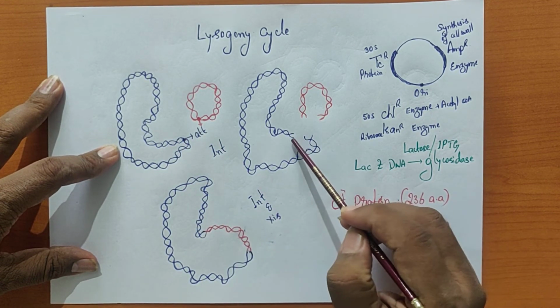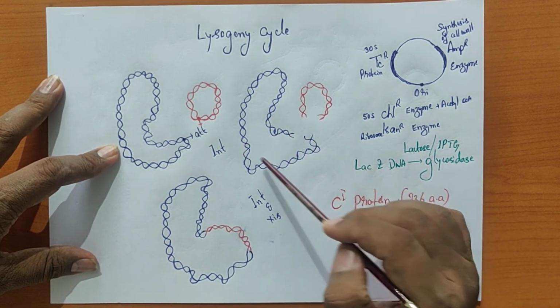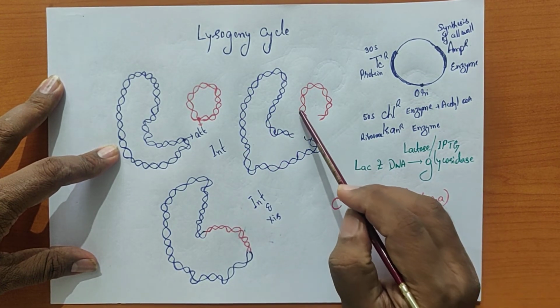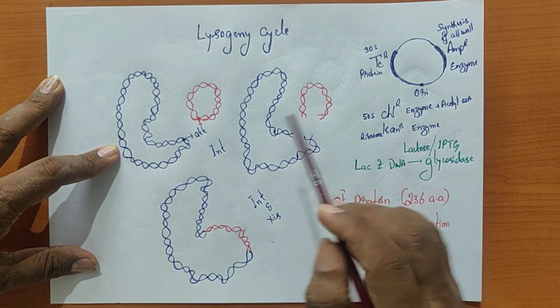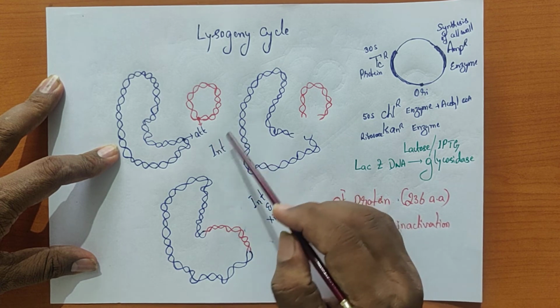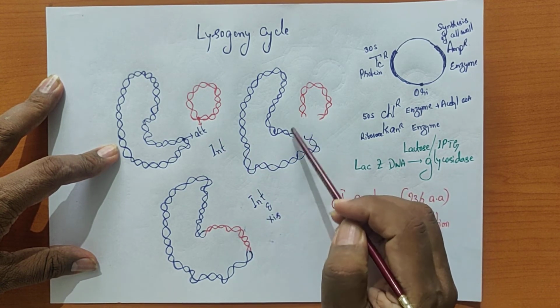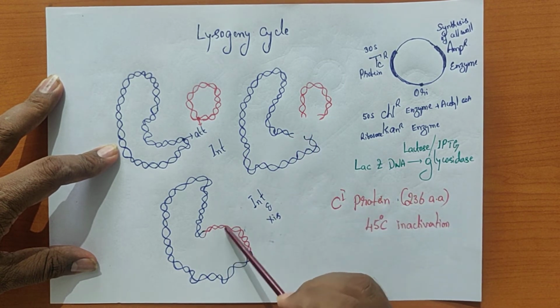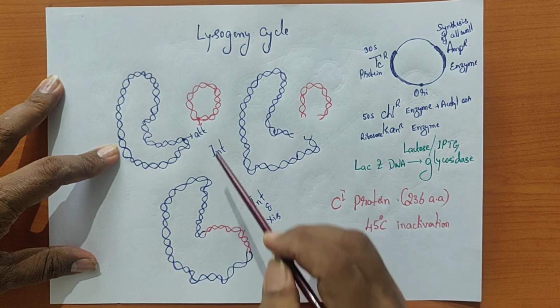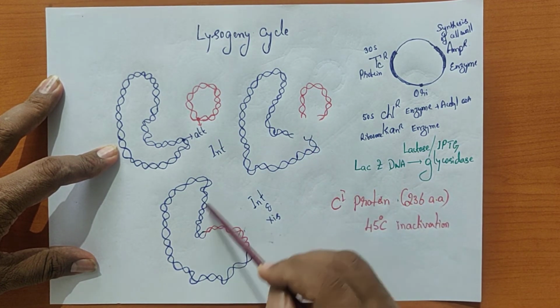As a result, we are going to have the opening of this particular host DNA as well as this particular lambda DNA. After cleaving, there will be a joining of this end with this end and this end with this end. That results in the integration of the lambda DNA into the host genome.